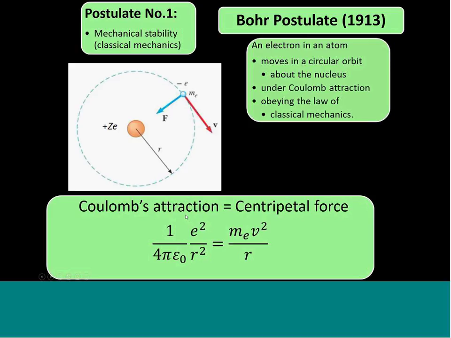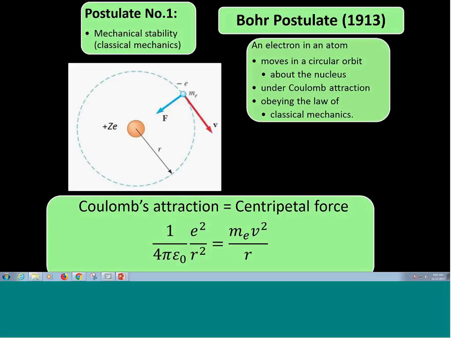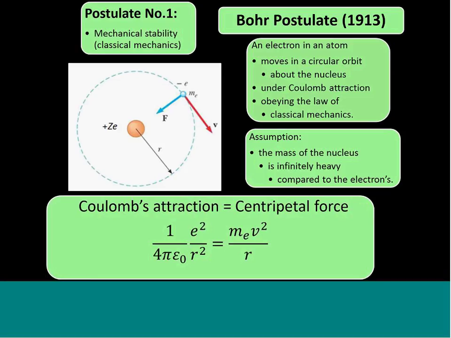Ni Coulomb attraction diberikan formula sebagai e kuasa 2 per dengan 4 pi epsilon kuasa 2, equal to mv kuasa 2 dengan r. So here the mass of nucleus is infinitely heavy compared to the electron. Ratio mass elektron dengan nukleus ni boleh diabaikan.